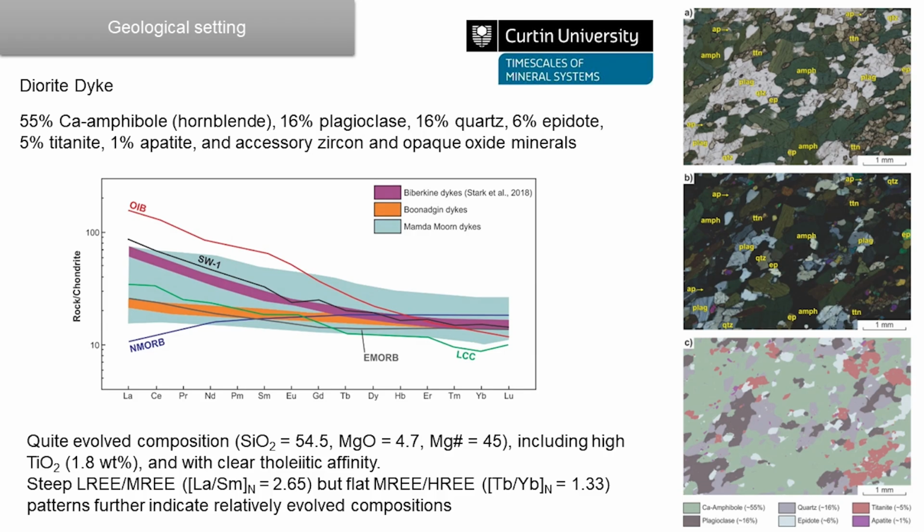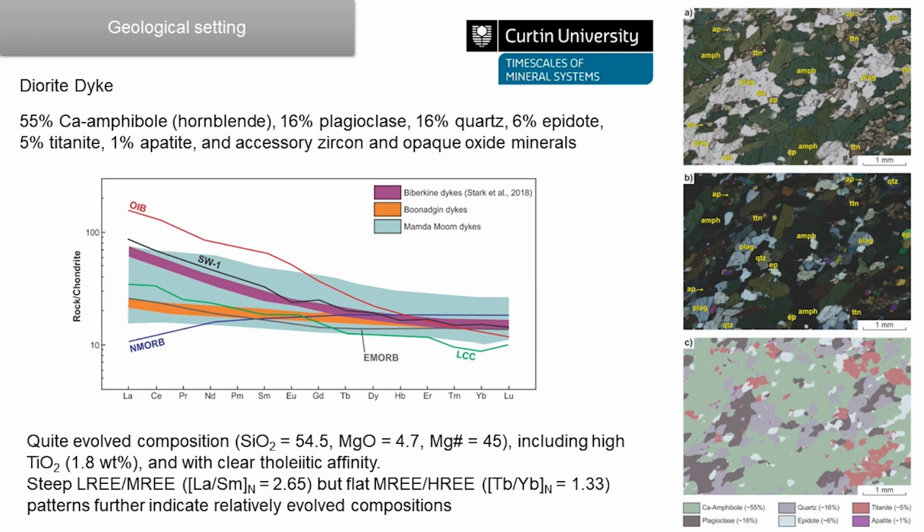You can see it's quite different from MORBs, and it's heading on its way up to something a bit more enriched. In terms of its silica content, it's about 54%, so it's still quite intermediate, quite difficult to work with. And if we look on the right-hand side here, we've got some petrographic images.